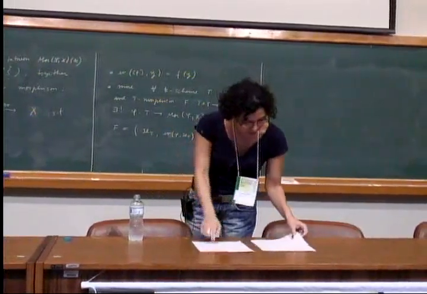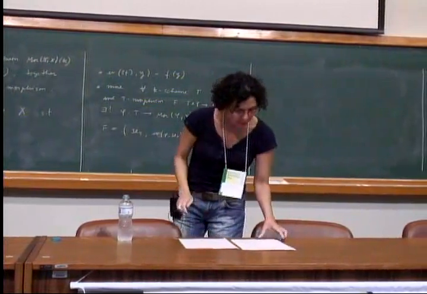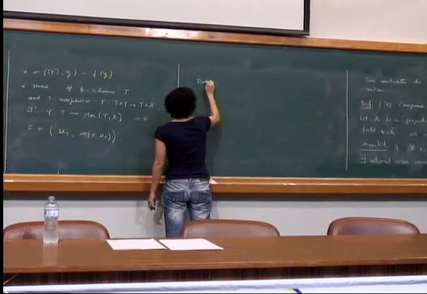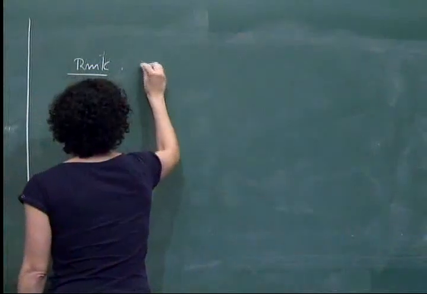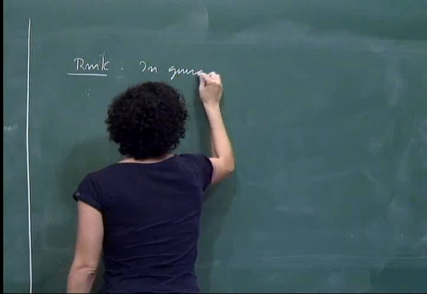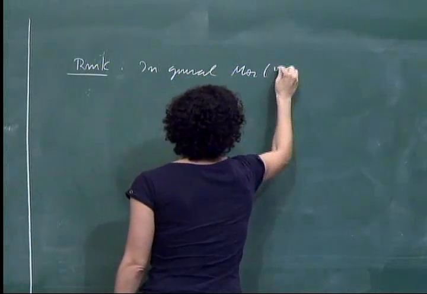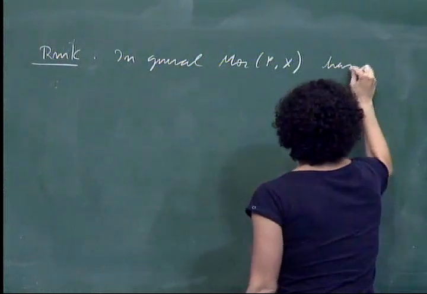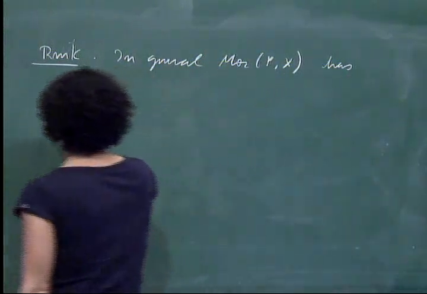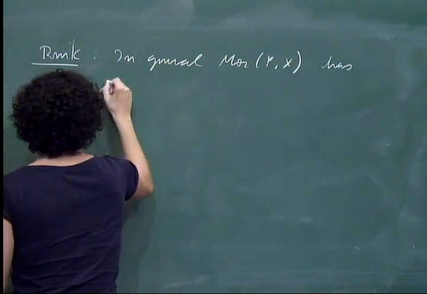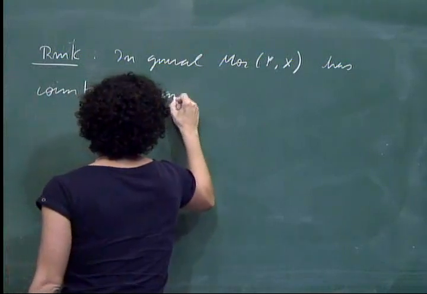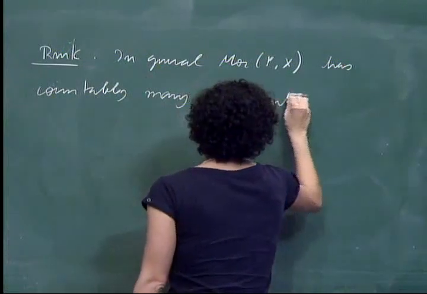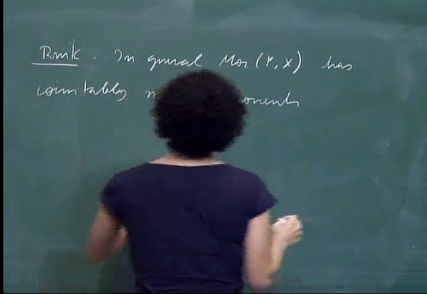Okay, so let me just remark that in general, the space of morphisms from Y to X has infinitely many, countably many connected components.